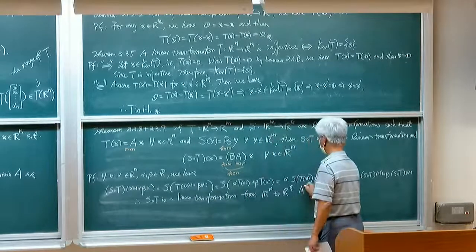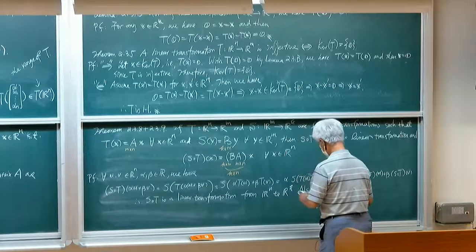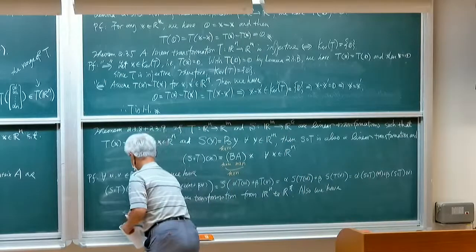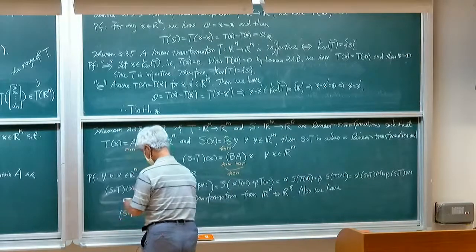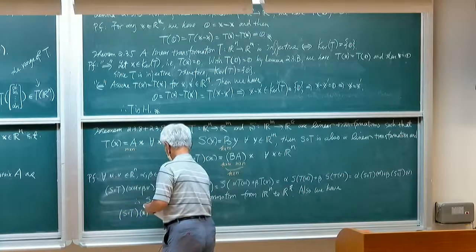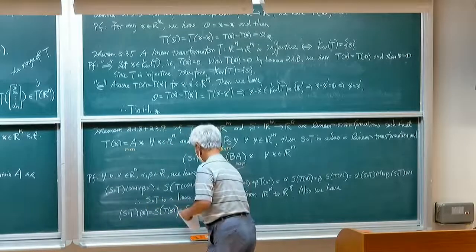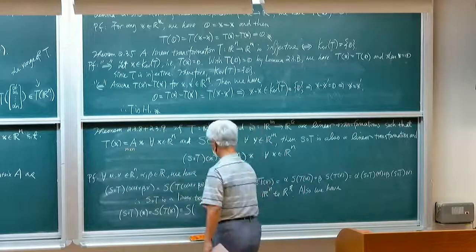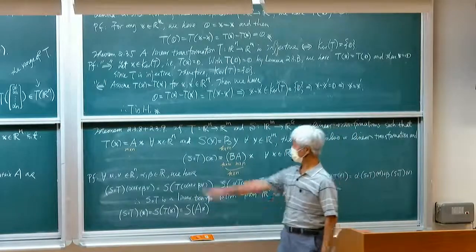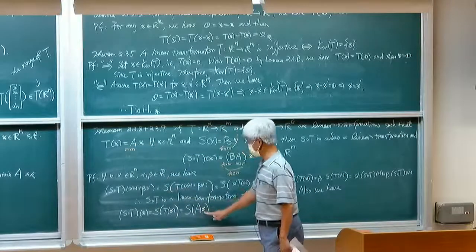Now, how about its matrix representation? Also we have S circle T of x, which is S of T of x, but T of x is Ax. By this formula, T of x is A multiplied with x.